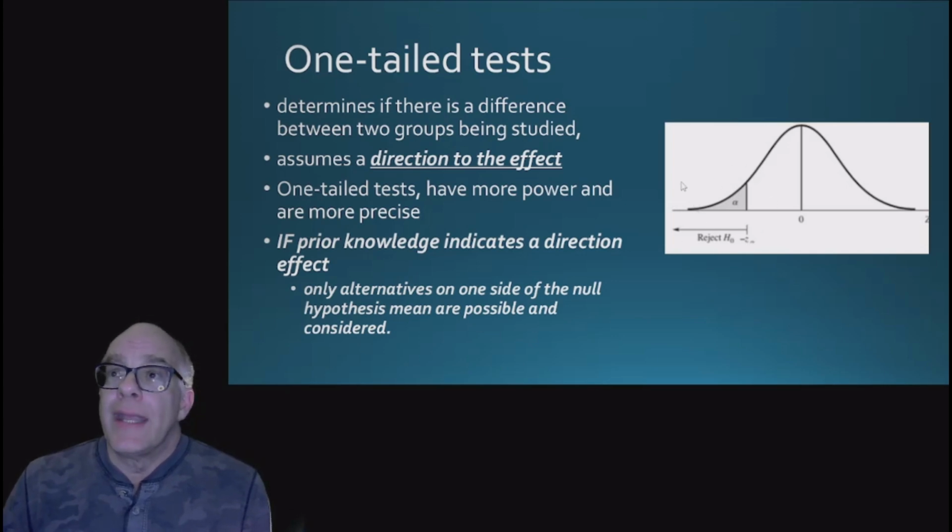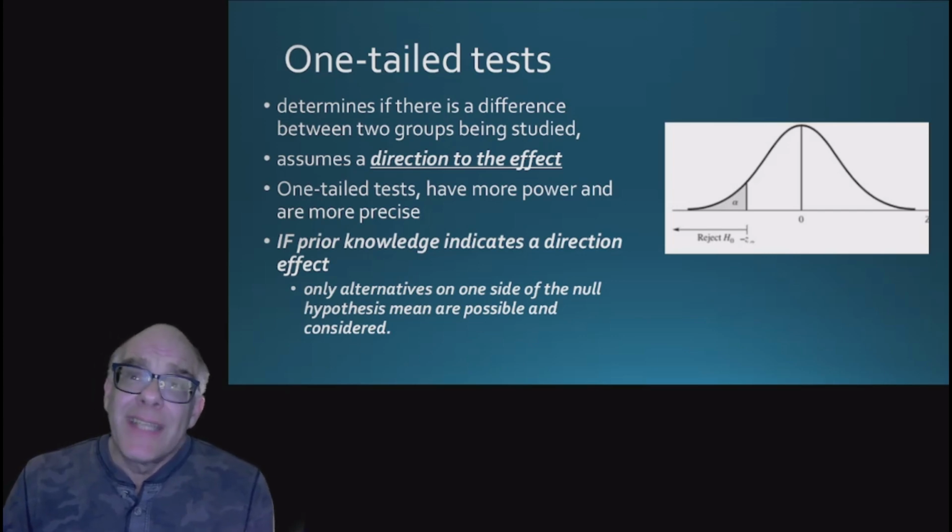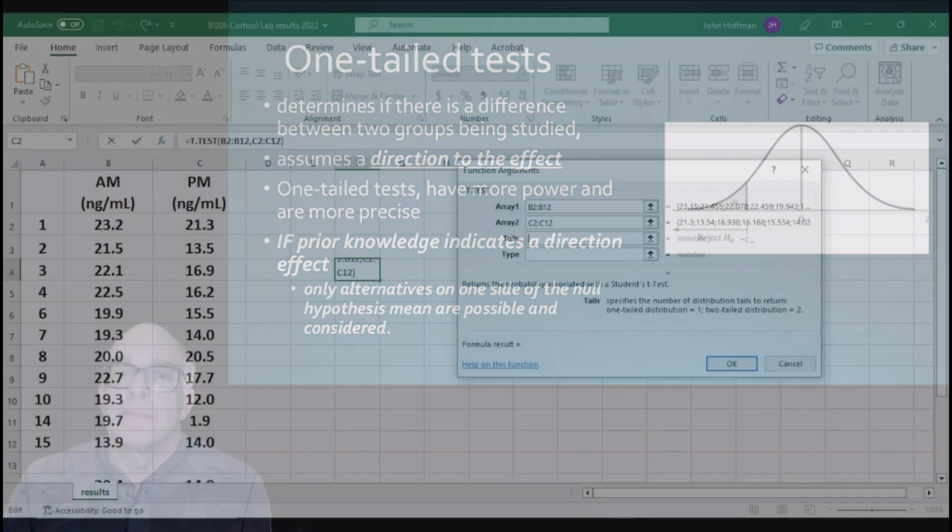We can look at a one-tailed test, and this is going to give us more power and more precision because we're only looking at one side of the null hypothesis expected results and looking at whether or not there is this direction effect. Now, please keep in mind that if you are not confident that there is going to be a direction effect, if you do a one-tailed test, you increase the likelihood that you are not going to accurately analyze your results.